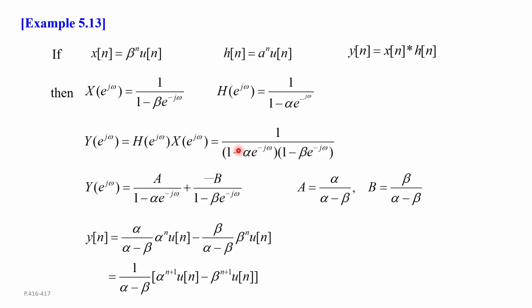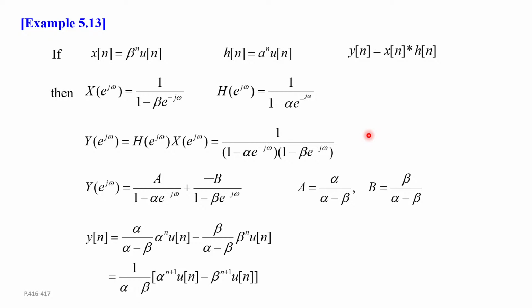Although it's not quite in the form we talked about for partial fraction expansion, you can do a similar thing. You can look at e to the minus j omega kind of like x here, and do partial fraction expansion with this e to the minus j omega.